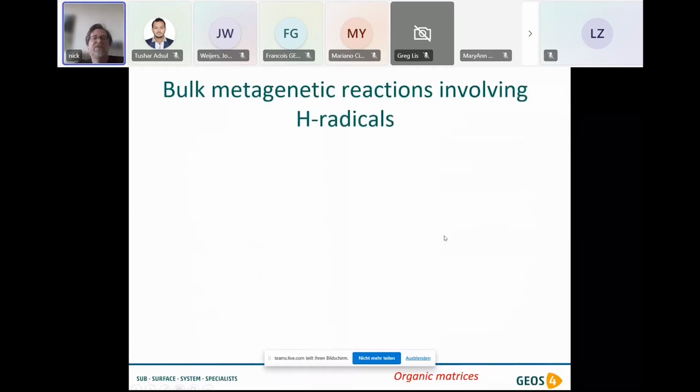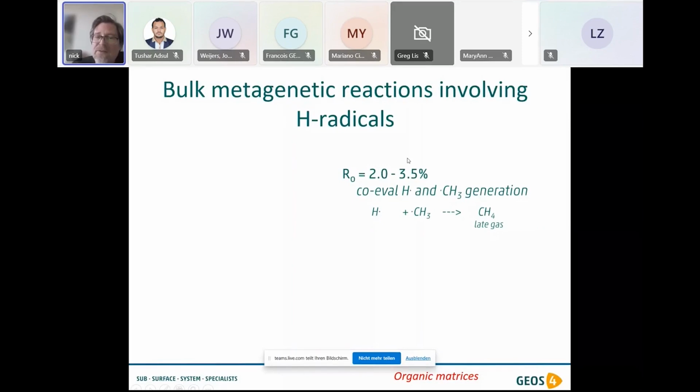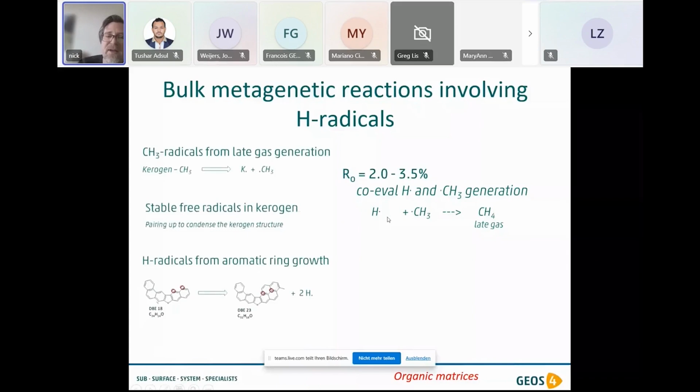Okay, I would like to wrap up with some metagenetic reactions that involve hydrogen radicals. During early metagenesis, between 2 and 3.5% vitrinite reflectance, we see mainly late gas methane generation by the recombination of hydrogen formed by aromatic ring growth and methyl radicals formed from the alpha cleavage of kerogen.